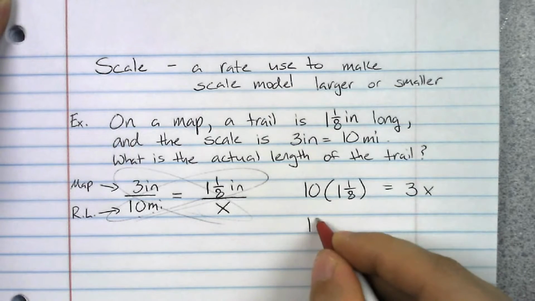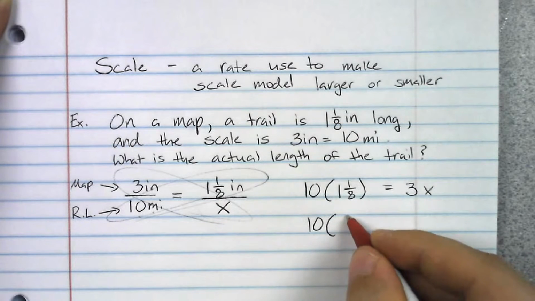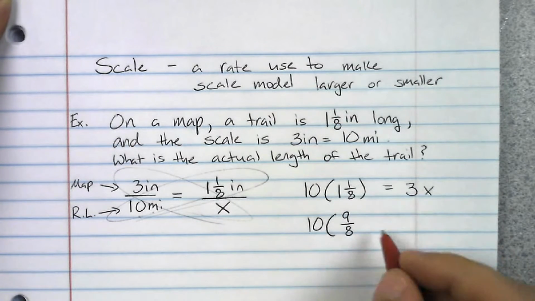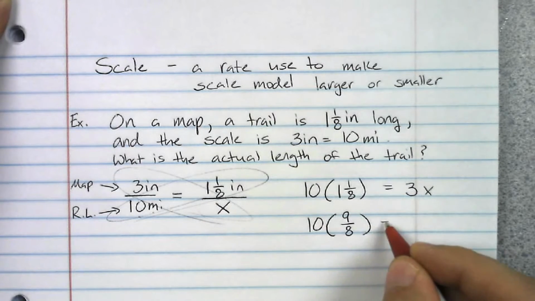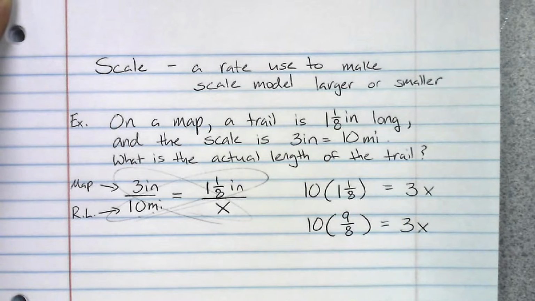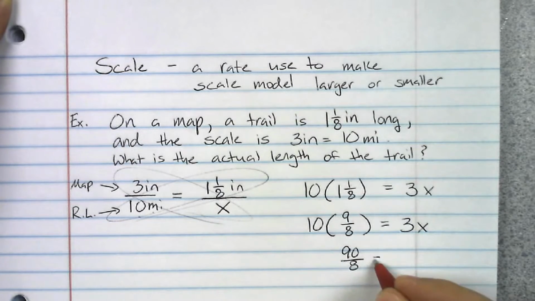I'm going to rewrite this as 10 times 8 times 1 is 8, plus 1 it makes 9, 9/8. That's going to equal 3 times x. When I multiply this, 10 times 9 is 90, so we have 90/8 equals 3x.